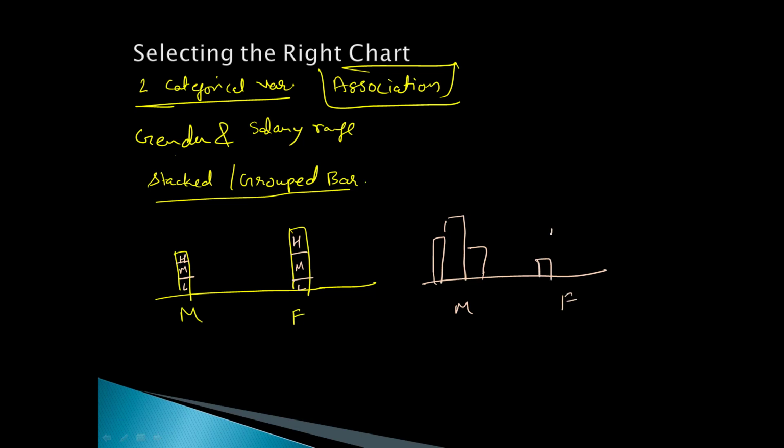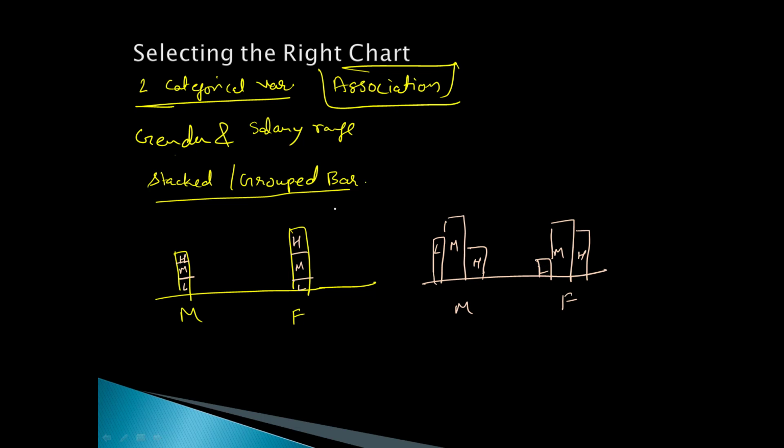So low, and there are too many in medium, and there are good and high also. Just it's not the actual data, it's just a rough sketch to show you how it looks like. So low, medium, and high. So we get an idea about how the salary range is distributed in male and female groups. Are they looking similar, or do we have any difference? So we get a rough idea about the association between the variables.